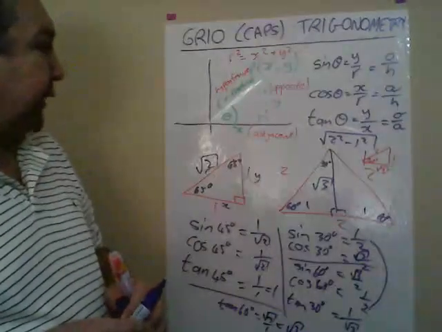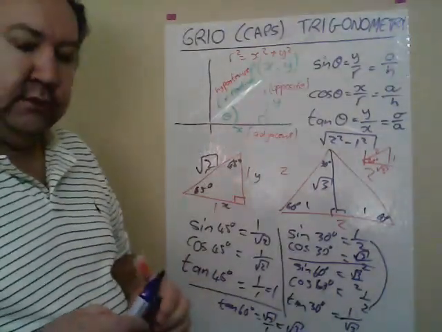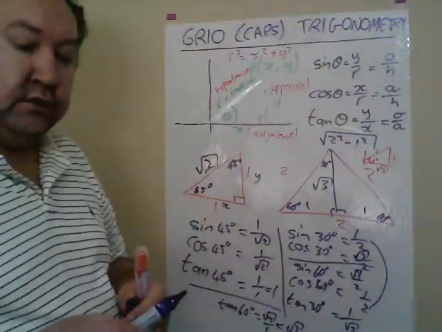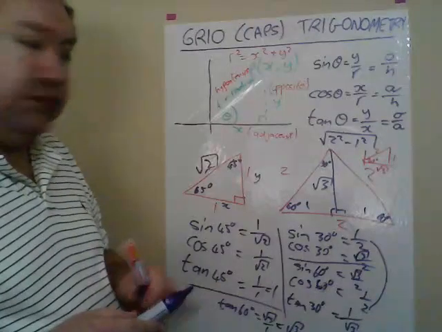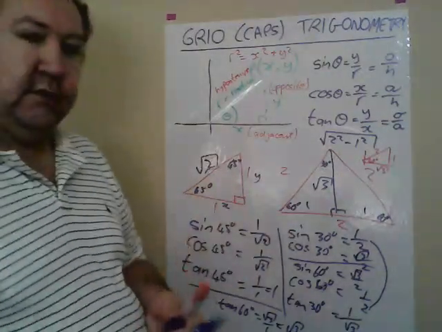So that's the introduction to sin, cos, and tan and our special triangles. Just to finish off, if you have one of these old geometry sets, go and look for the two triangles. You might see they look a lot like this. Thank you very much.